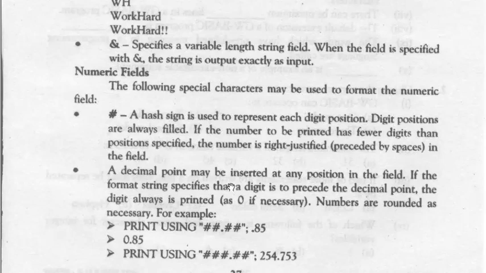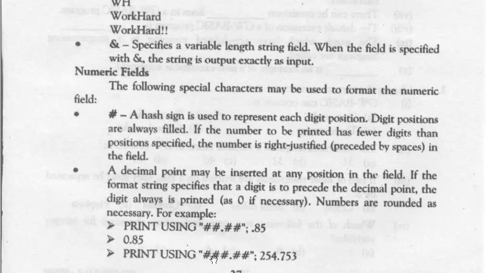A decimal point may be inserted at any position in the field. If the format string specifies that a digit is to precede the decimal point, the digit is always printed as 0 if necessary. Numbers are rounded as necessary. For example, PRINT USING "#.##"; .85 output will be 0.85.